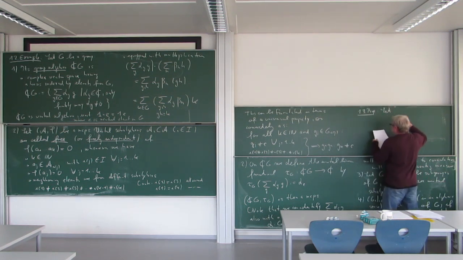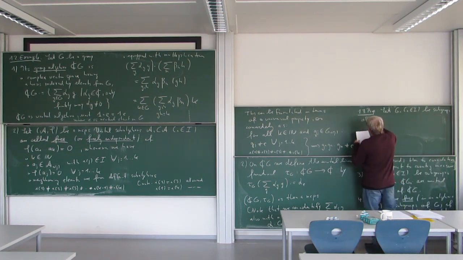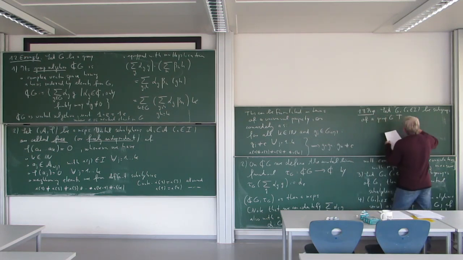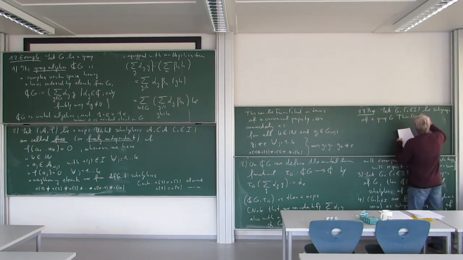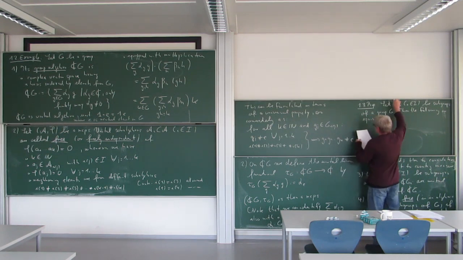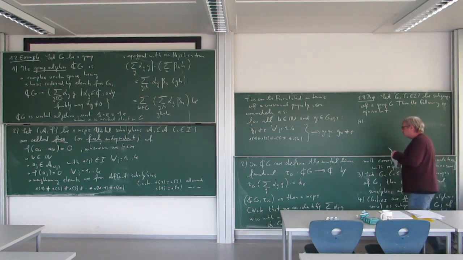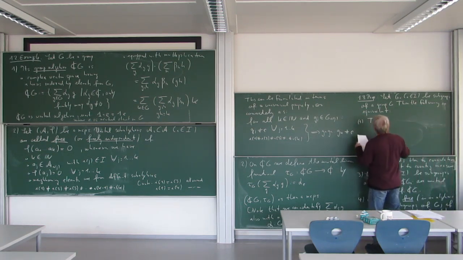Namely, we consider subgroups G_i, indexed by i, of a group G, and then I'm claiming that the following are equivalent. First is this algebraic condition on the level of the group, namely that the subgroups G_i are free in the group G.